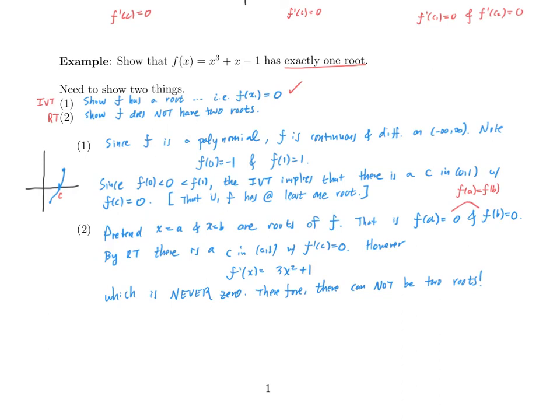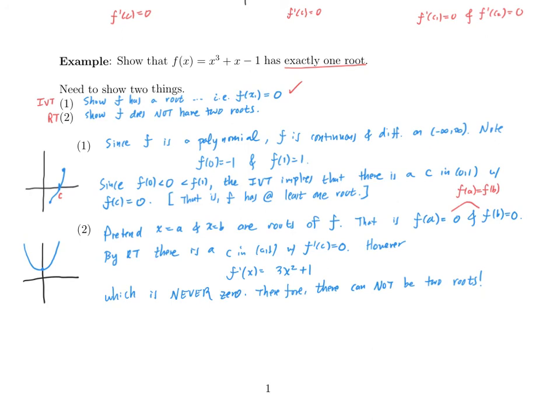And just to make sure we're all on the same page in terms of this observation about the derivative, if we were to look at the graph of 3x squared plus 1, that's a quadratic that has a vertex at the point (0, 1), and it opens upward. It never crosses the x-axis.